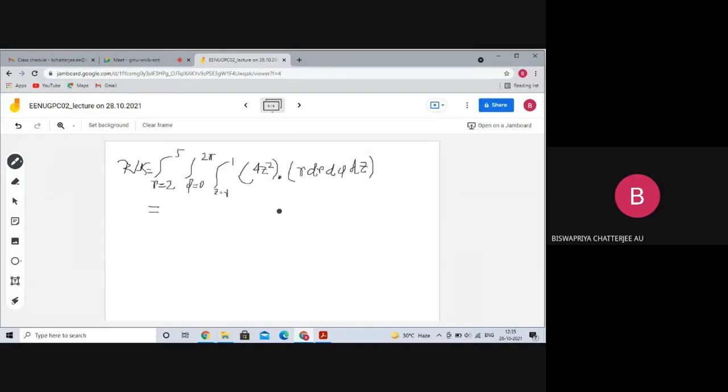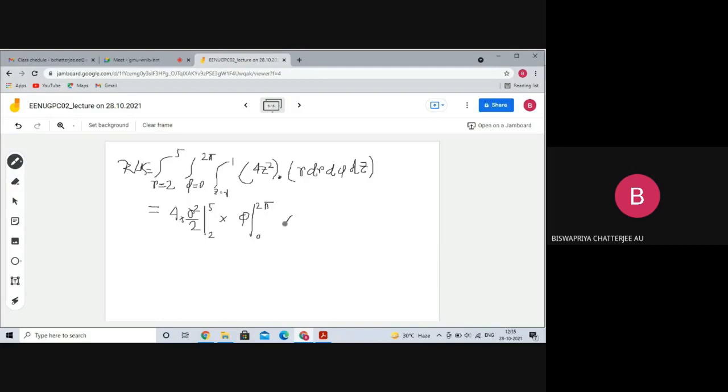So if you start integrating, 4 you take outside, so r dr will be r square by 2, 4 multiplied by r square by 2, you place limit from 2 to 5. Then the phi term, integration of d phi, you place limit 0 to 2 pi.